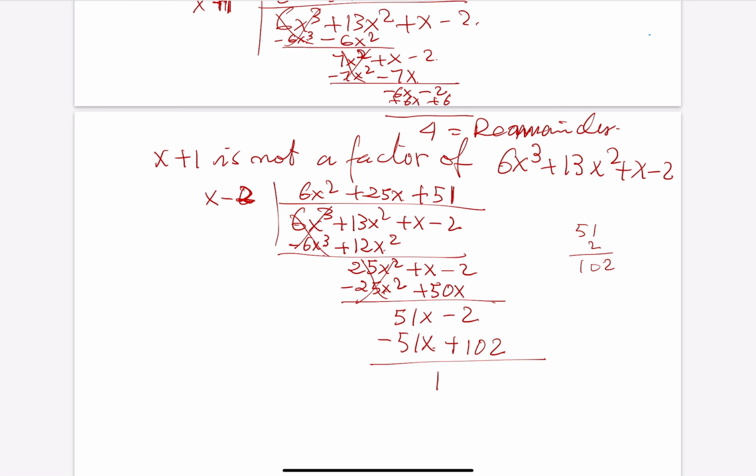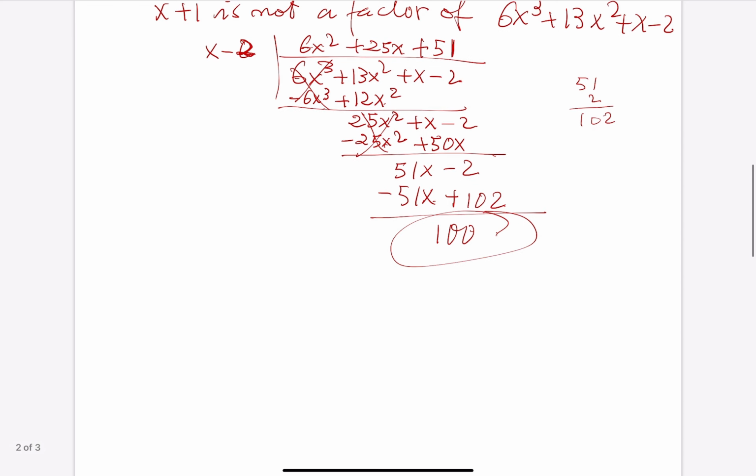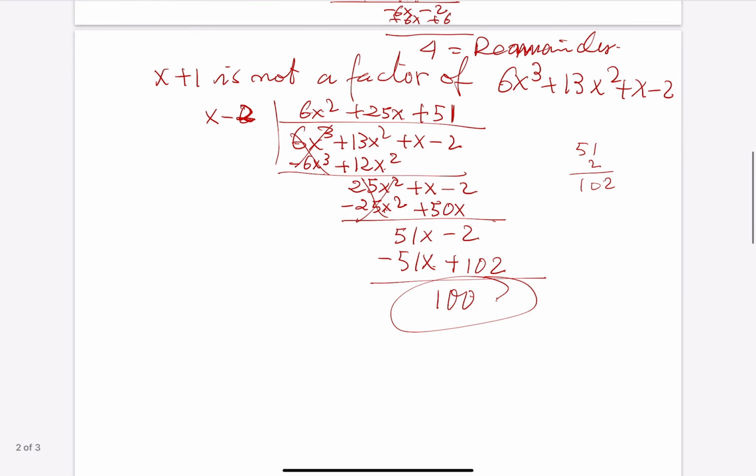So here you can tell you have 100. That's the remainder. Since the remainder is 100, then we can conclude one thing: this one is not a factor. Since the remainder is not equal to 0, anytime you have a remainder not equal to 0, that means x minus the one you divide by, in our case x minus 2, is not a factor of this polynomial.